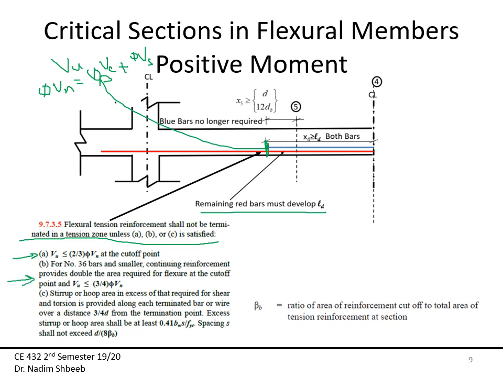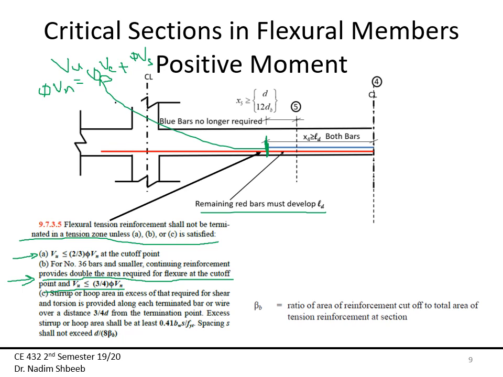So for phi 36 and smaller, continuing reinforcement provides double the area required for flexure at the cutoff point, and V ultimate is less than 3/4 phi Vn. So still at this section right here, again I have to calculate V ultimate, and I have to calculate phi Vn, which is the same, but now instead of 2/3, it's 3/4.